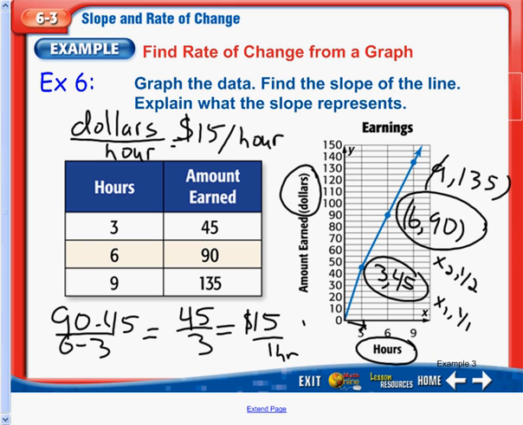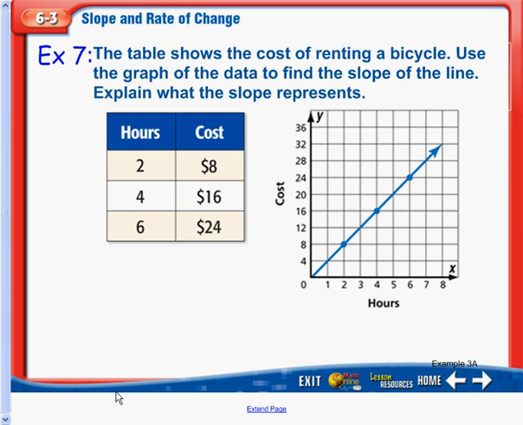If you got $15 per hour, I would say made or earned, right there, the word earned, $15 for every hour. And that would be how you would explain it. Just kind of explain, what does that rate mean? What is it telling me?